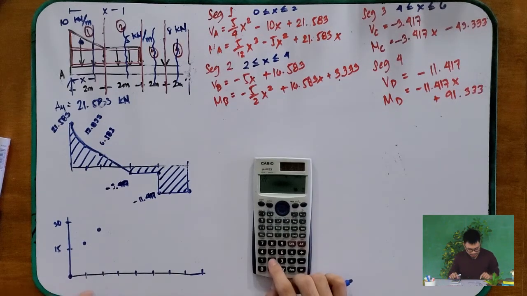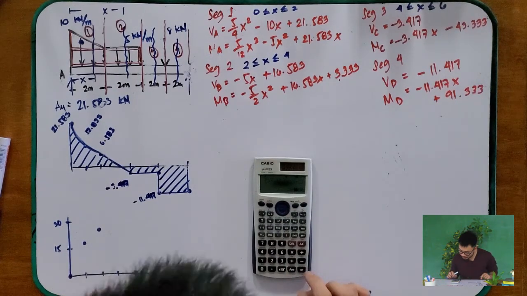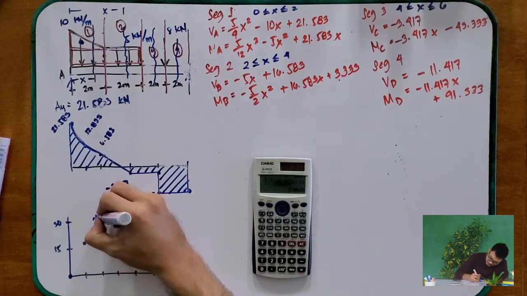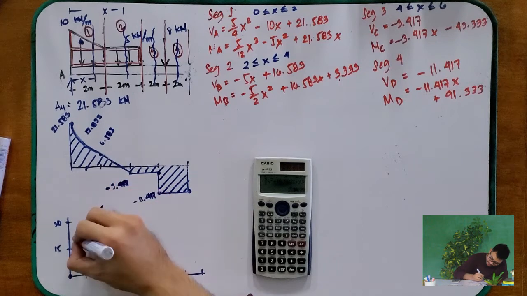If x is equal to 2, let's confirm, it is still 26.5. So this is 26.5, and this is 17.